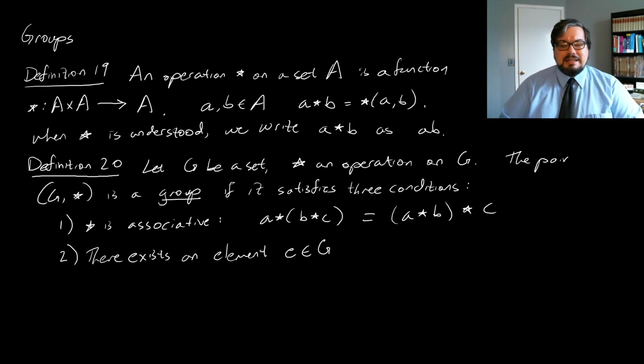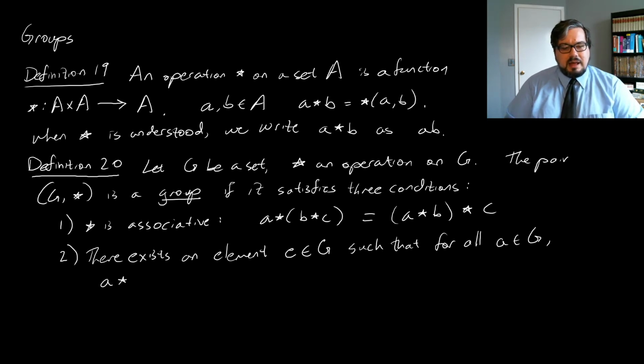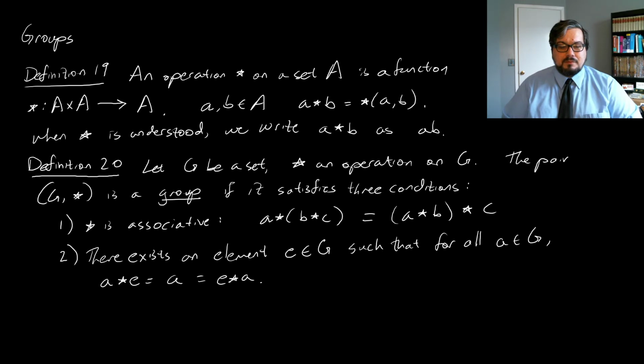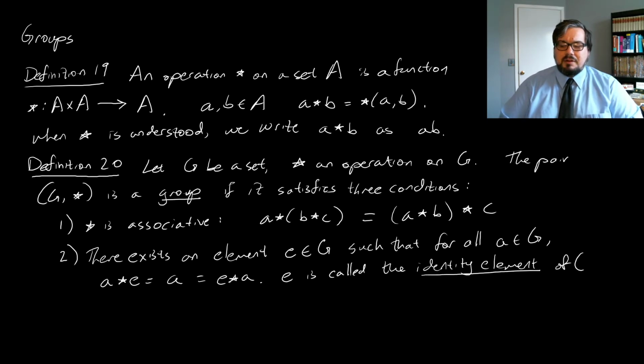There is an element e in G such that for all a in G, a star e equals a, and also e star a equals a. e is called the identity element of the group G, star.